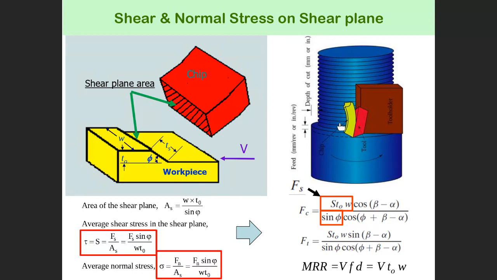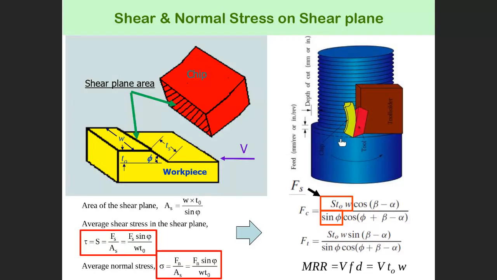This is the width of the workpiece, which is the depth of cut. Width or depth of cut. Listen to me carefully, guys.